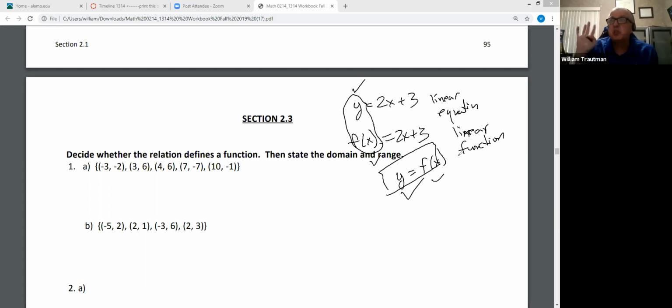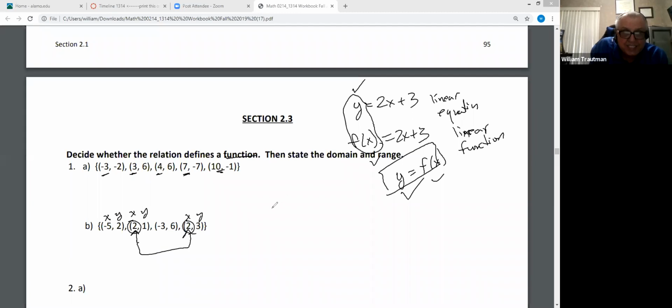Functions have special situations. Like in this first problem, determine whether this is a function. If we have a repeating x, let's do the one down here. These are two repeating x values. These are coordinates, xy, xy, xy. We have two repeating x's.